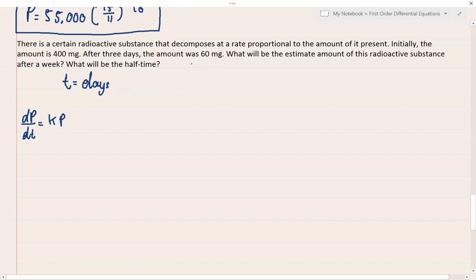It means it decreases. Yung kumbaga like yung amount dun sa loob ng certain radioactive substance, nagdi-decrease yan. Kumbaga, lumiliit ang amount sa loob ng substance na yun. Therefore, hindi kP gagamitin natin. Rather, it's negative kP. That shows that it is decreasing. Okay, negative kP ang gagamitin natin dito.